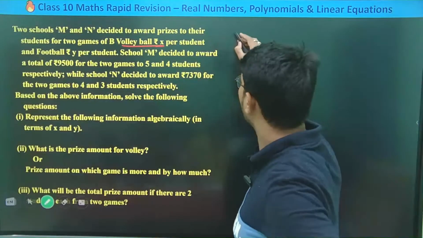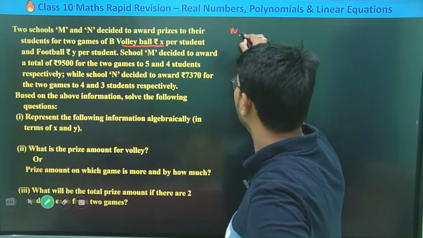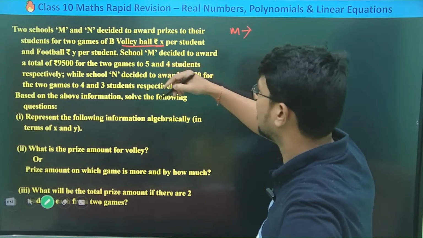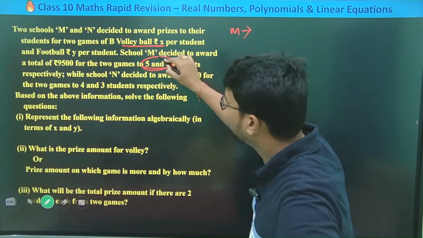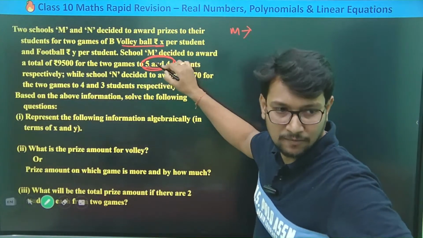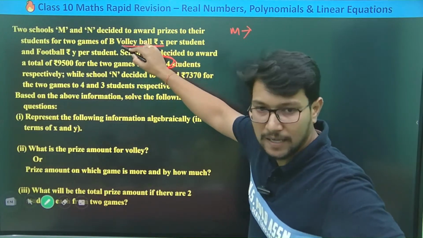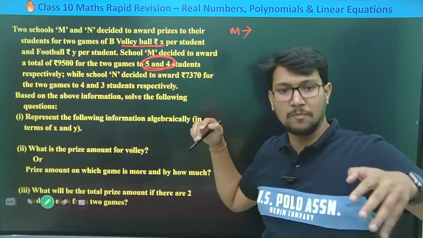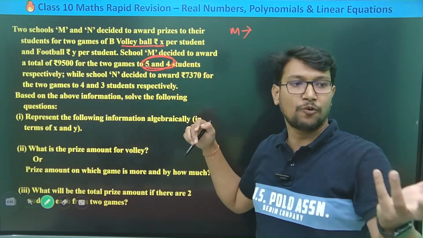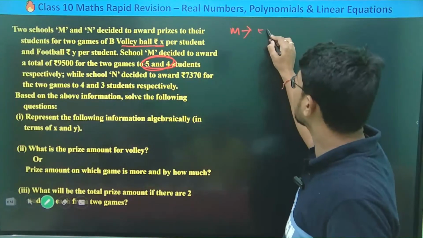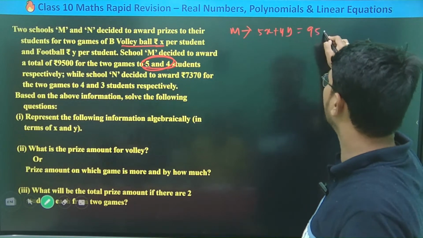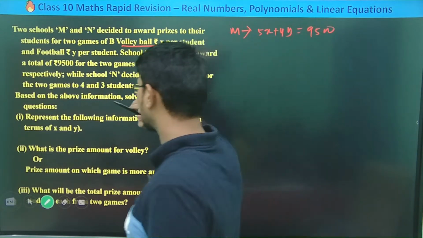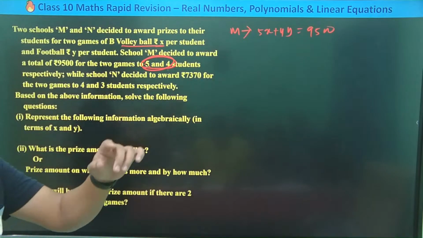So now check करो, school M का equation क्या है? School M will give x to 5 volleyball players, and for how many students from football? 4 players. So 5x plus 4y equals to 9500. Done.